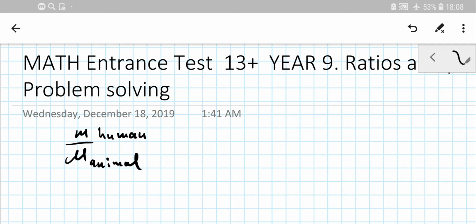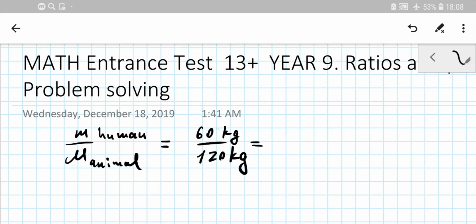So how do you express this? You simply express it as the ratio, which means a fraction. Let's say the mass of the human being is 60 kilograms, out of the mass of the animal, let's take 120 kg.